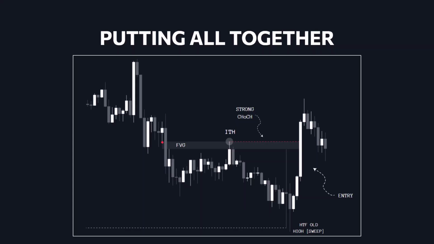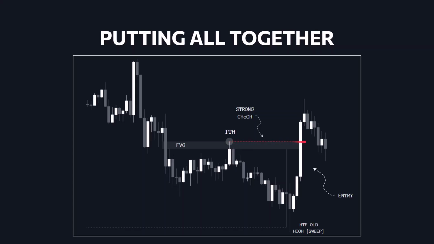But we have this fair value gap here, and what was happening is, you see this high tapped into the fair value gap and goes down, making this an intermediate term high. And what did we already say about the intermediate term perspective? It gives you the framework. So basically, this is an intermediate term high, it's a protection. And this is also the last clear swing before this movement to the downside.